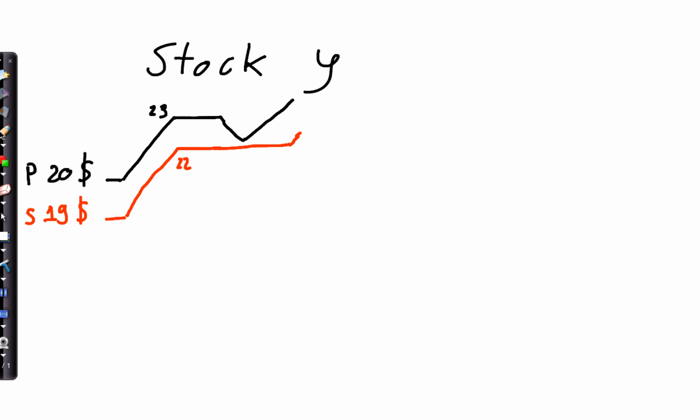And what happens if now the price is going down? As we have seen before, when the price is going down, this one is staying flat. And then at some point, when the price is hitting the stop here, the stop will be executed. So the stop, remember, is a trigger.